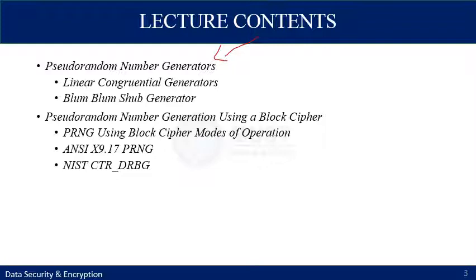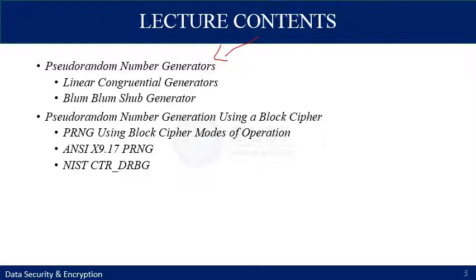After discussion of random number generators using the pseudo randoms, we will look at the pseudo random number generation using the block cipher. And there will be pseudo random number generators using the block cipher modes. There will be two modes used in this lecture, named output feedback mode and counter mode.